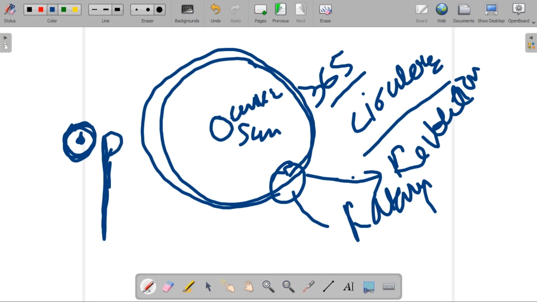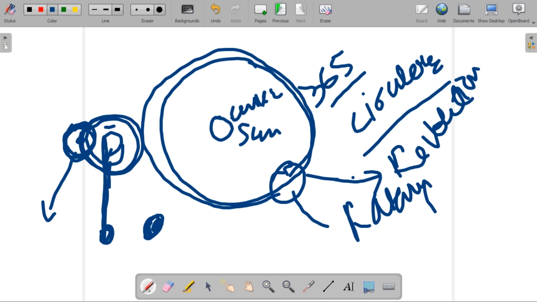This is the center of the pen, and you revolve the pen around its own axis like this. This motion is called rotatory motion.